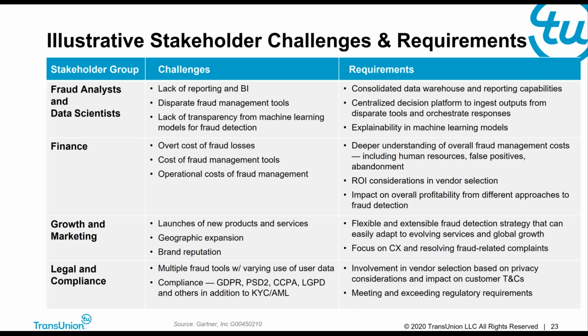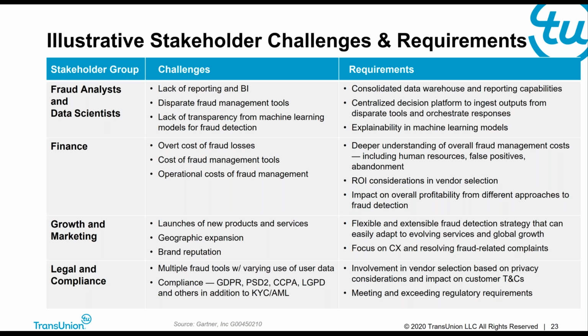So here we just pulled out a few, and within the report, it gives much more depth for each of those different areas. But just looking at some of the different challenges that the fraud organization has to balance across the business. So fraud analysts and data science are looking at managing disparate fraud management tools and a lack of transparency for machine learning models.